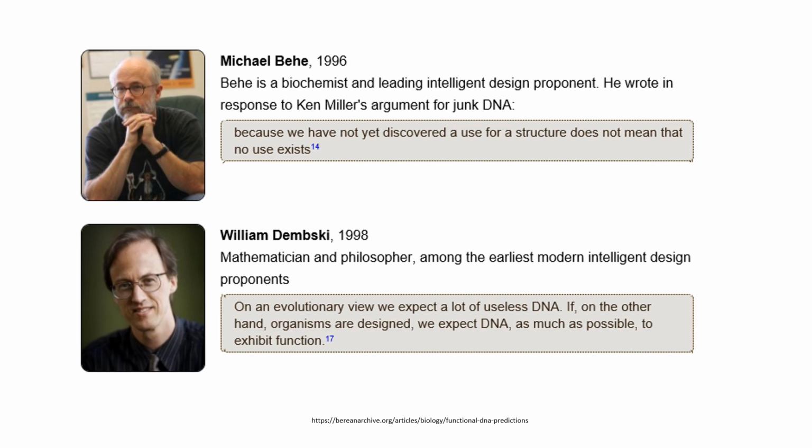If it turns out that indeed this DNA is junk, then that would support the Darwinian evolutionary mechanism. If it turns out that it has function, that would be much stronger support of the intelligent design hypothesis. And this is exactly what we have seen happen in the last 20 years.